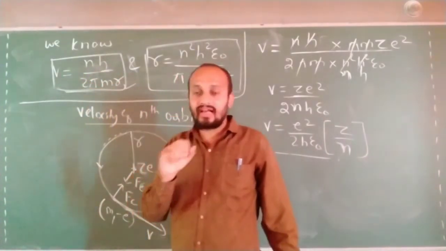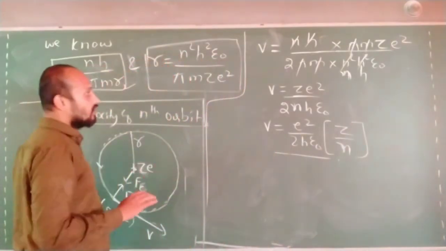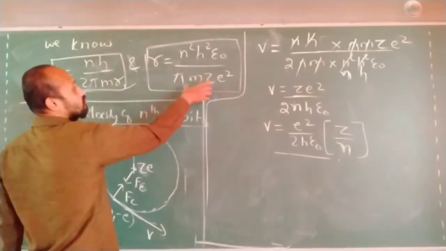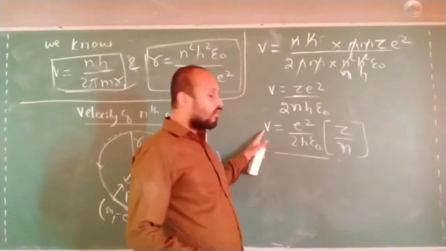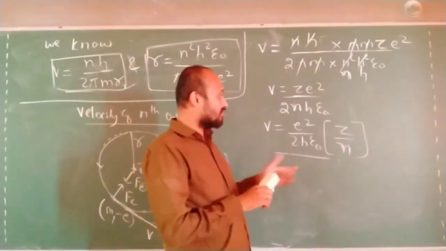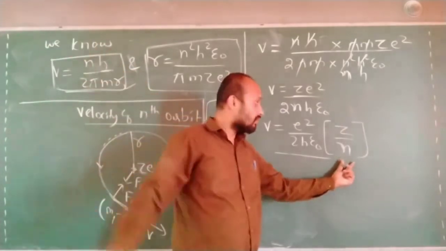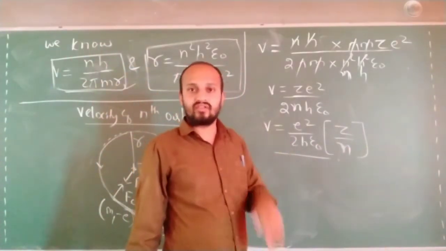I want the relation of v in terms of n such that the others I can keep constant. This is why I substituted r as n square h square, everything constant. At last we reach one constant. Here, velocity of the nth electron depends on the orbit. As orbits are higher, n value increases, velocity of the electron decreases.